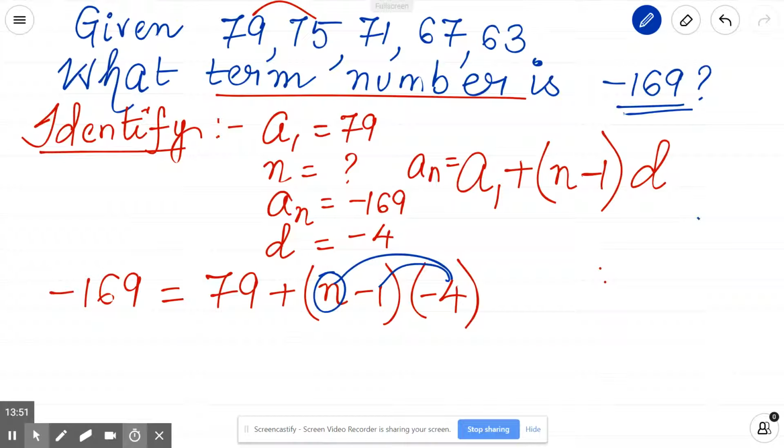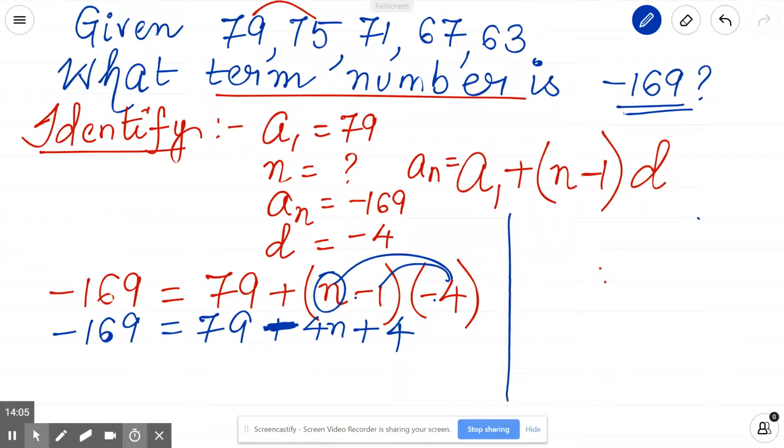The problem is we don't know N. So when we don't know N, how we calculate is we do distributive property and combine the like terms. Minus 4n, negative times negative is positive, becomes plus 4. I'll draw a line here so it looks legible. 79 plus 4 is 83. So I combined these two because they did not have an n next to them.